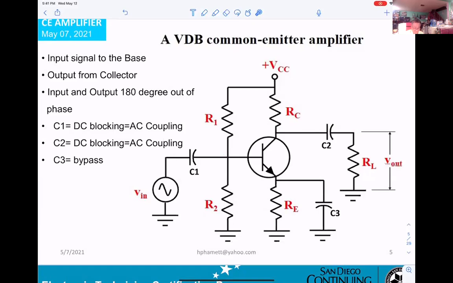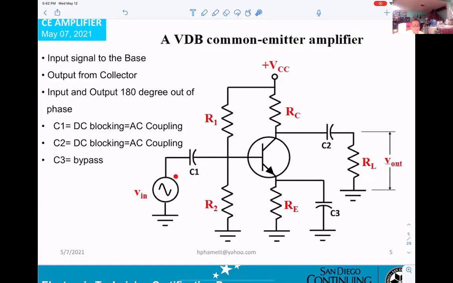Second thing, what are C1, C2, and C3? C1 is DC blocking or AC coupling. That means it allows the sine wave from the input to go to the base.